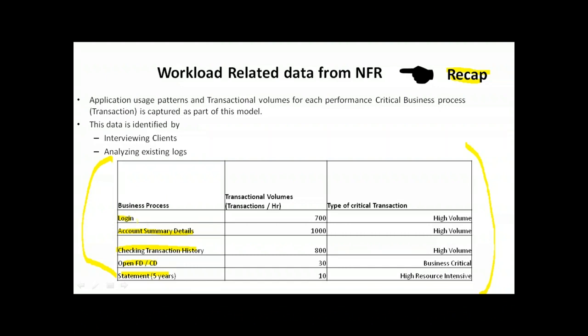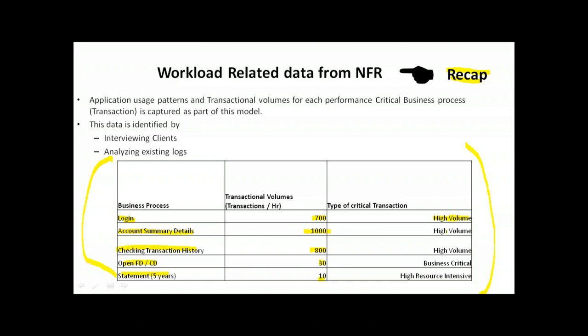As a part of NFR gathering, we collected all this information, and we discussed in detail how to collect it. Here we also understood the type of each critical transaction. Login is a high volume transaction, which is why we collected this.